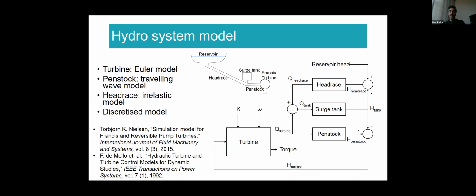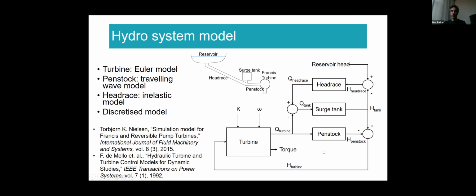So it can cover a simplified operation of the turbine over a fairly wide speed range, whereas a lot of the simplified models are based on a fixed speed and very small variations around it.